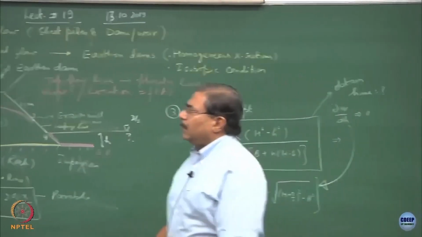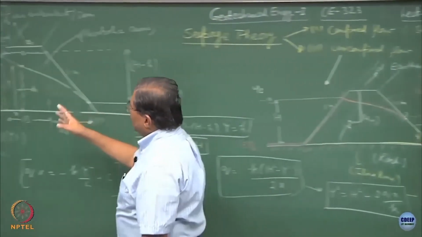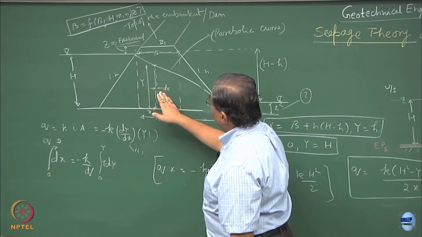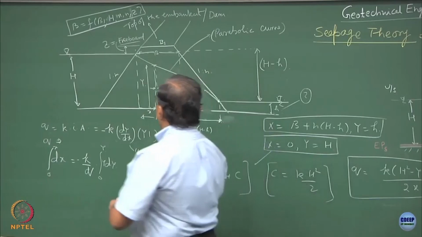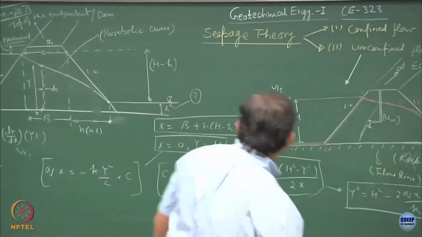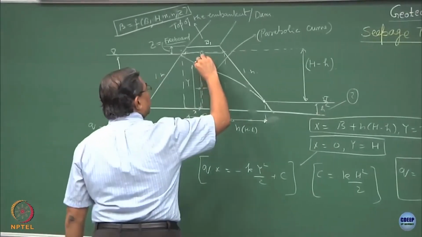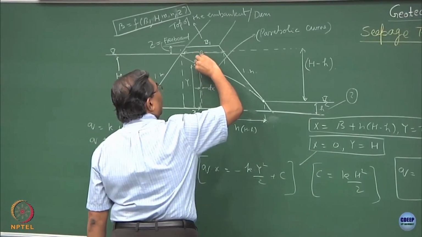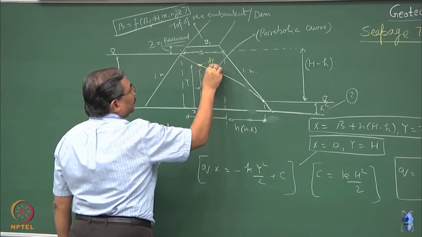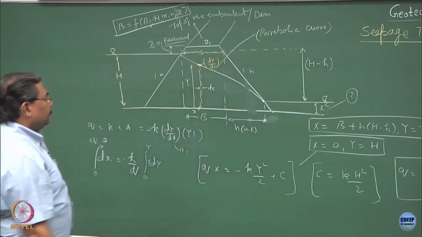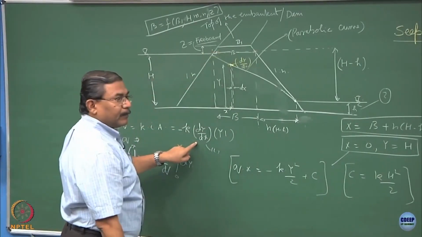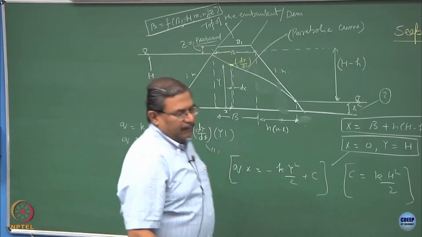fairly simple. The only point of interest you should remember is, we are taking a hypothetical plane across which we are finding out the discharge, and just to make things clear, the slope of this line is nothing but dy by dx, which I am assuming to be equal to I, rest is all simple mathematics.